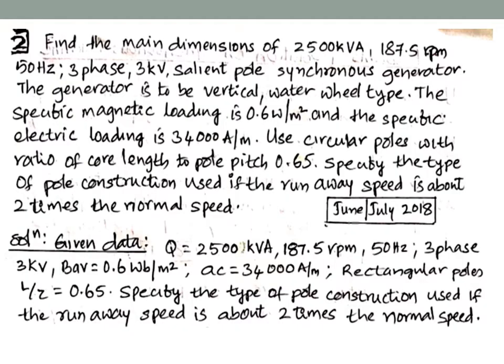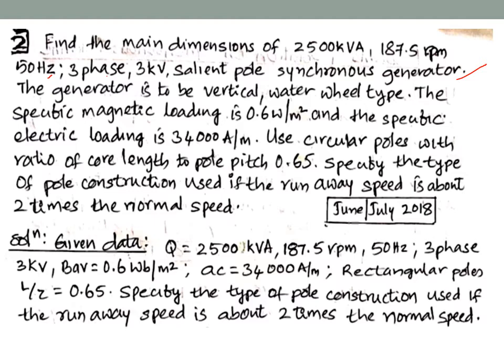Now coming to the second problem, find the main dimensions of a 2500 kVA, 187.5 rpm, 50 Hz, 3-phase, 3 kV salient pole synchronous generator. The generator is to be vertical water wheel type.